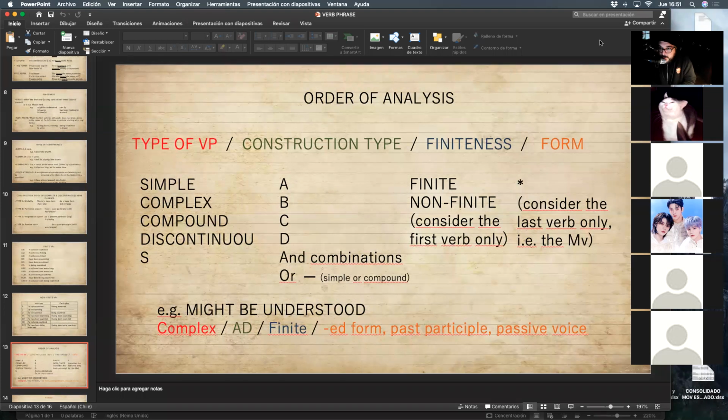Then we're going to state that it's finite because of the presence of the modal verb, right? And then we're going to add the information about the last verb, that is to say, the main verb. Understood is in its ed form. That form is called past participle. And it's written in that form because it is in passive voice. ¿Queda claro?